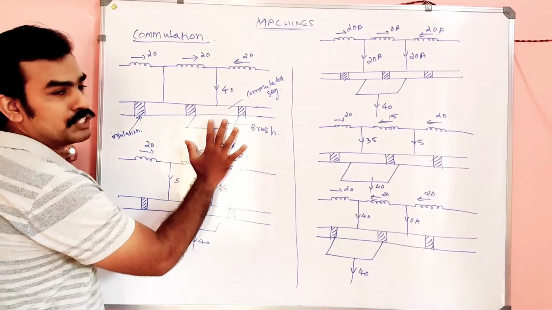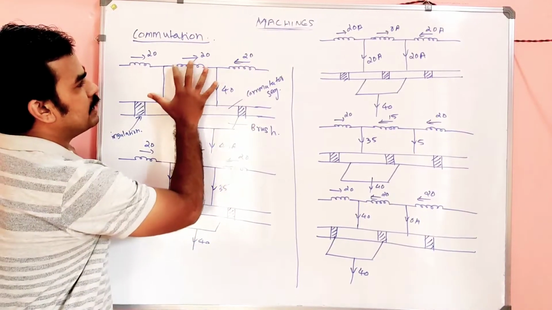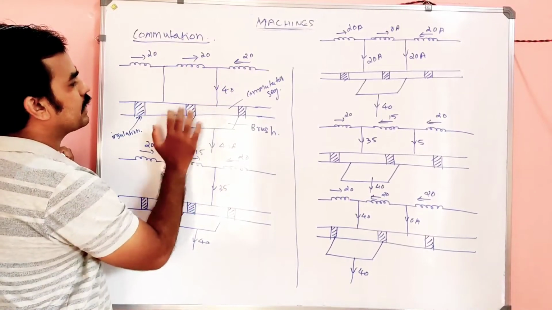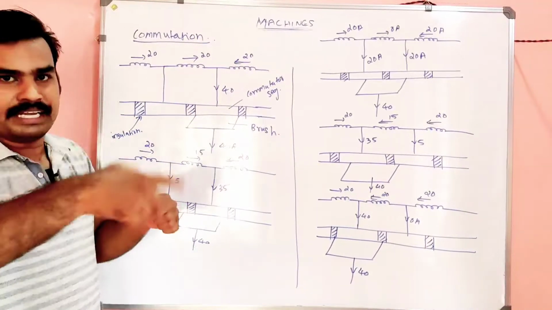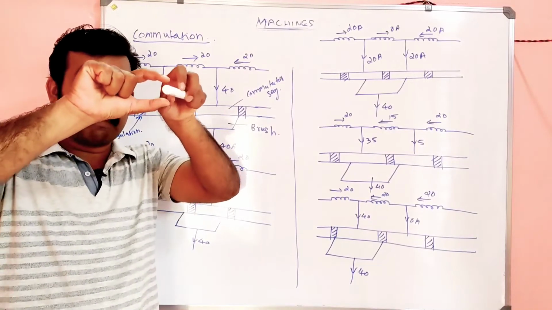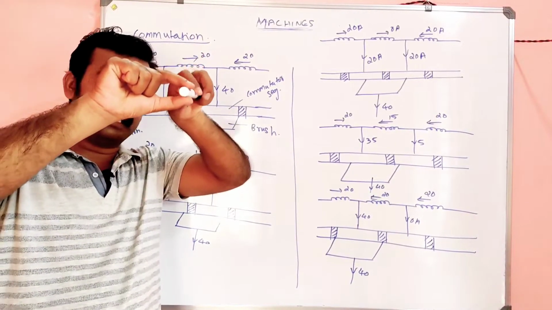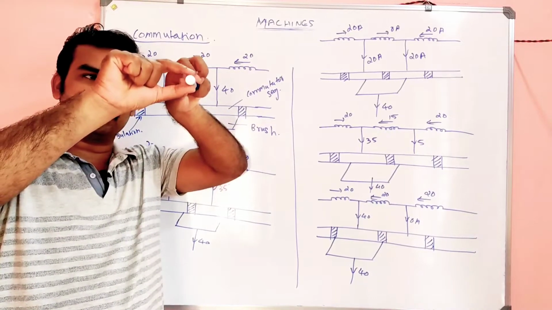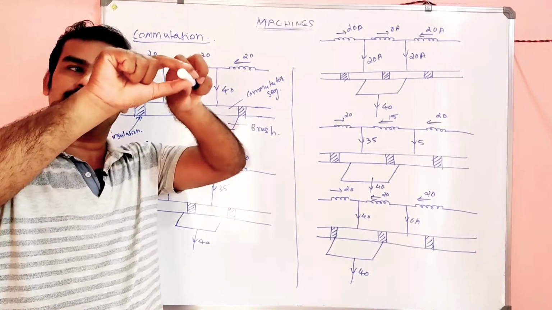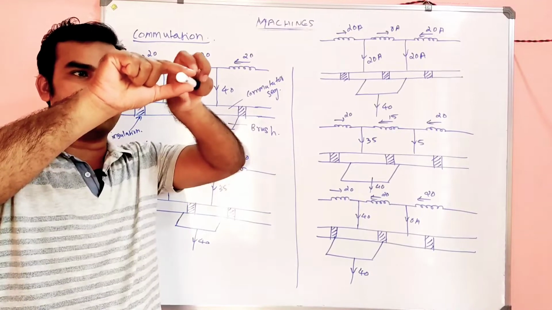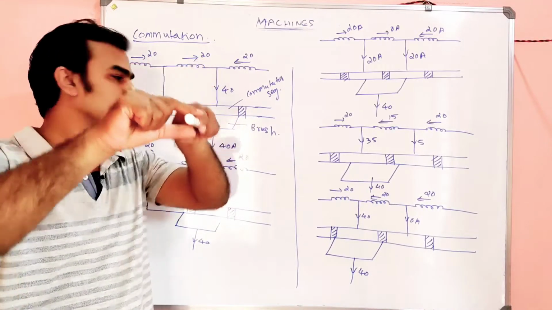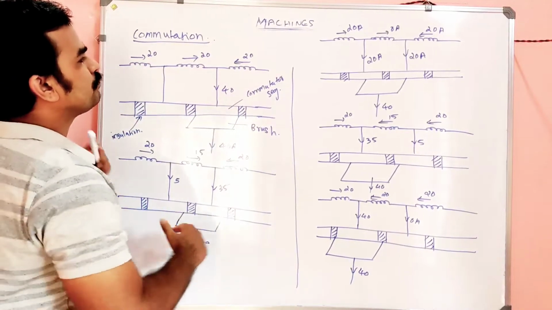So what happened? The brush is stationary. The coil, that is the armature side, along with the commutator will rotate, right? The brush is like this, stationary, and it will be continuously moving relative to the commutator. This is the case in a DC machine: the armature rotates and the brushes are stationary.